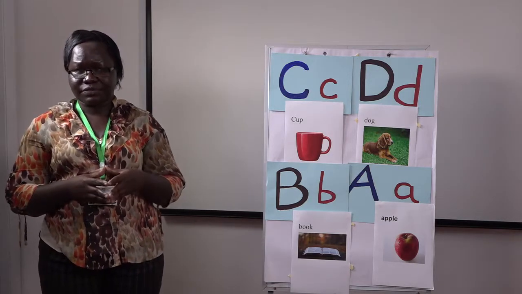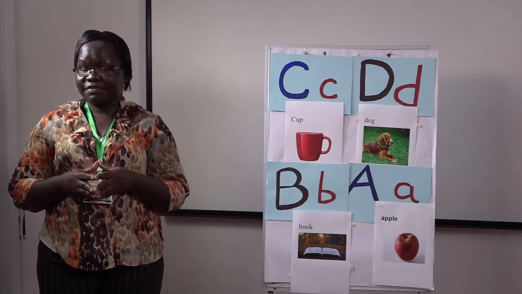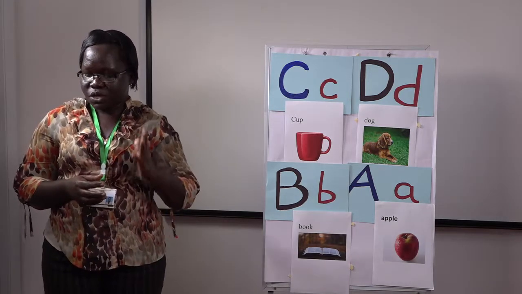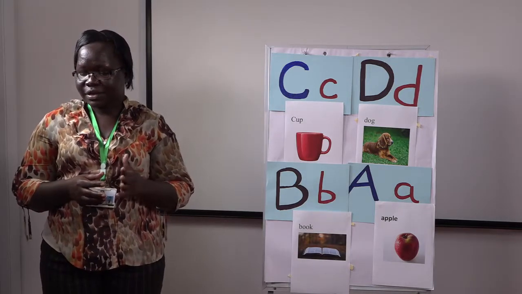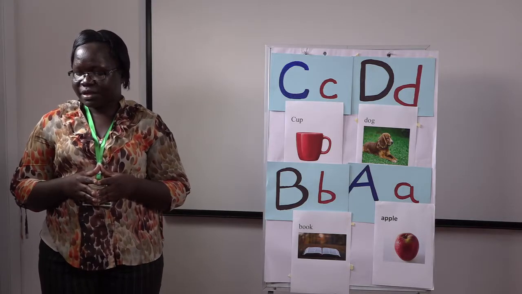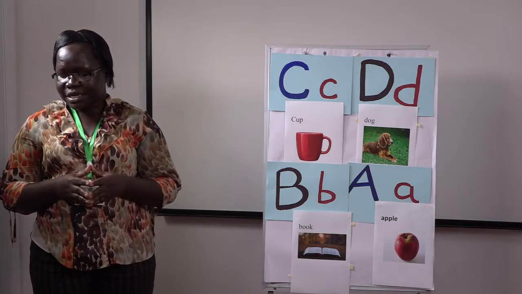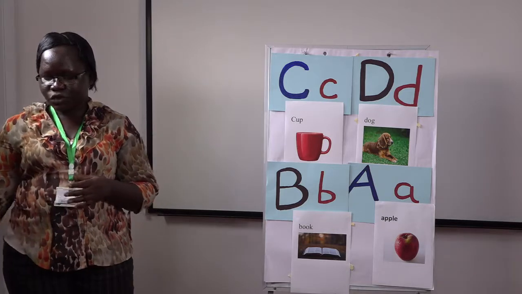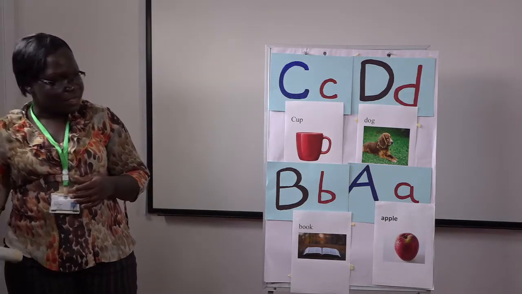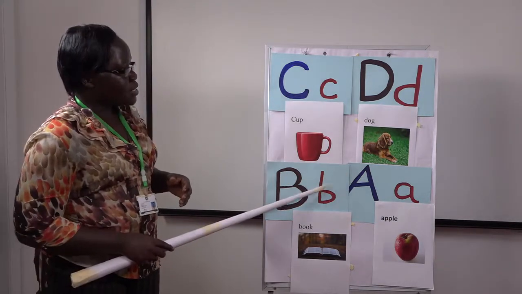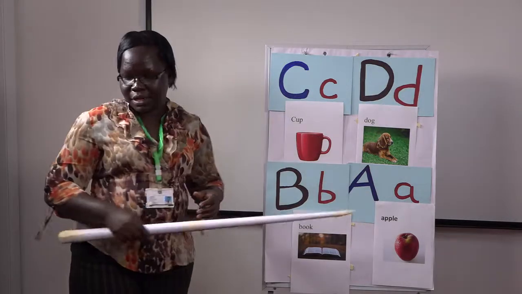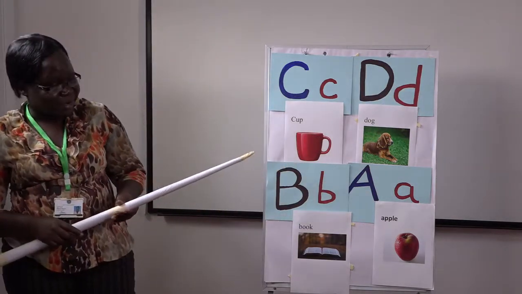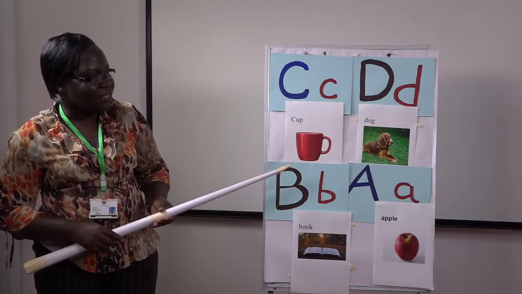To help minimize confusion, it is advisable to introduce the letter sounds in a different order. For instance, it is much easier for children to confuse ba and da because of the similarity in appearance.